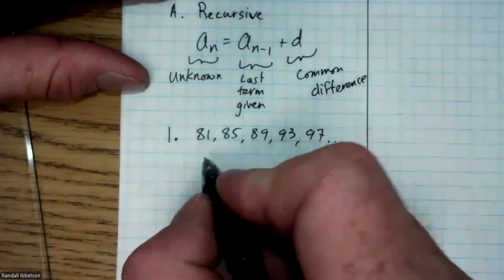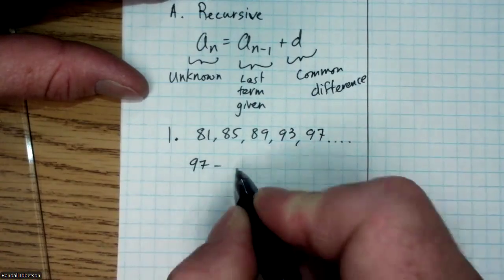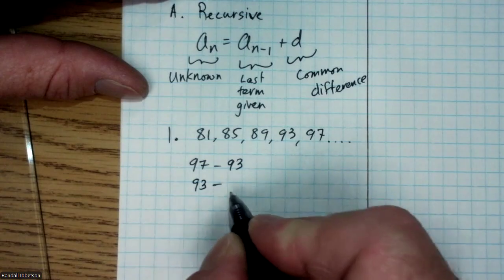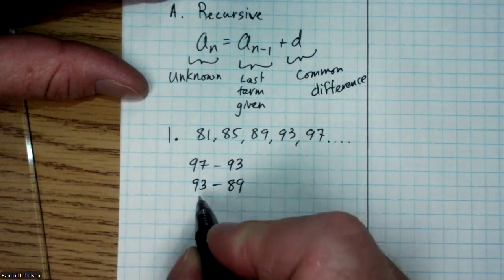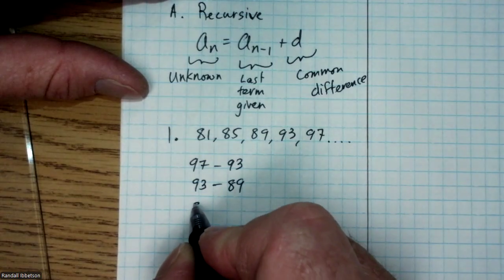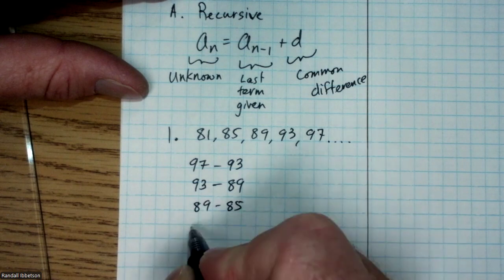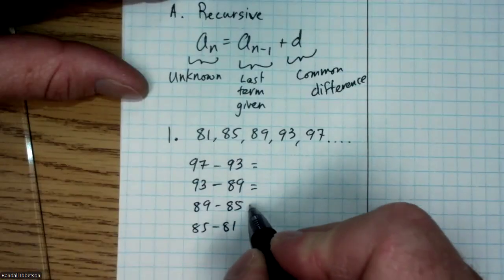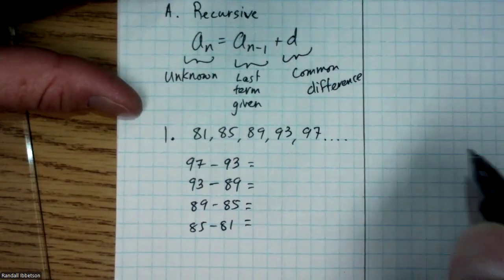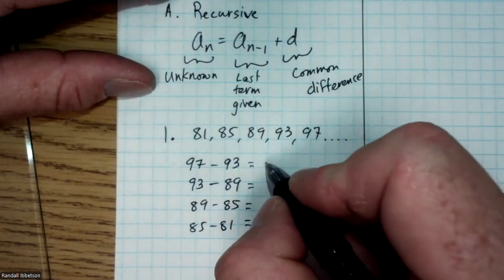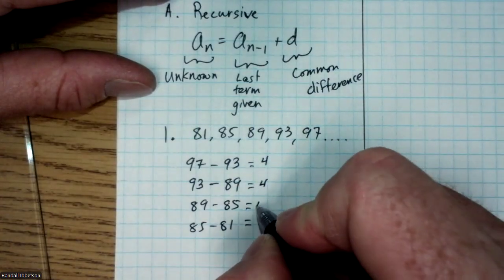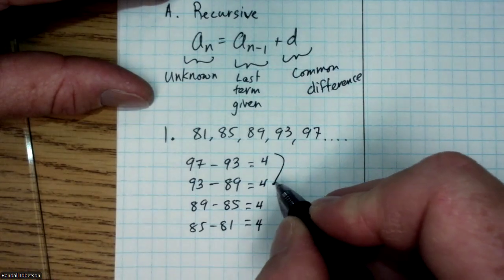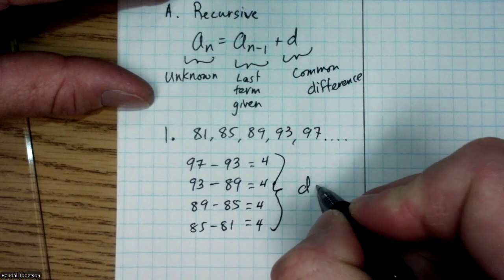You take the last term and subtract the one before it, and then take that term and subtract the one before it, and you keep doing that: 89 minus 85 and 85 minus 81. If all of these are the same answer, then this is an arithmetic pattern because there will be a common difference. This is 4, this is 4, this is 4, and this is 4. All of these outcomes are the same. That means we have just found the common difference, d. It's 4.